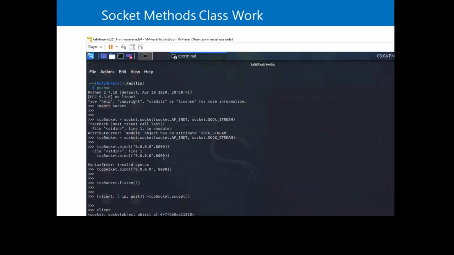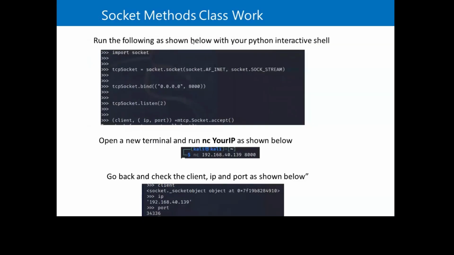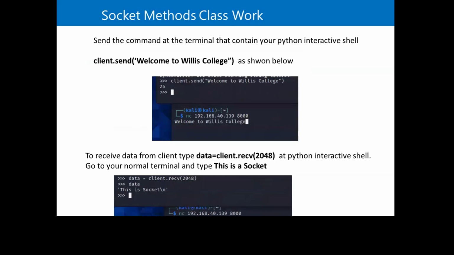So that's a port. So what we've been able to establish now, that's our socket. You can use socket to create the TCP socket to interact with your client's machine.